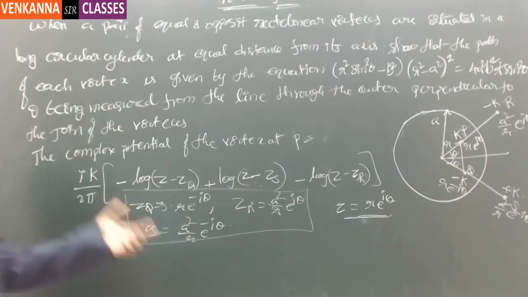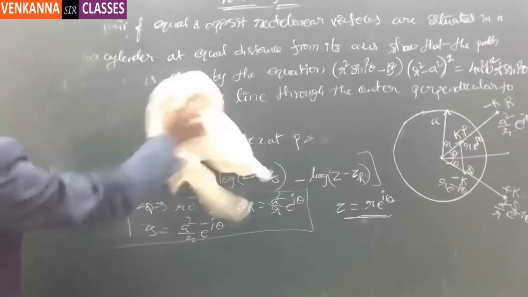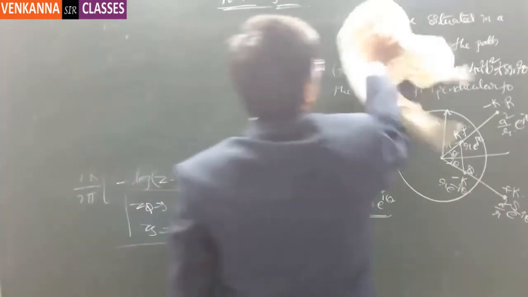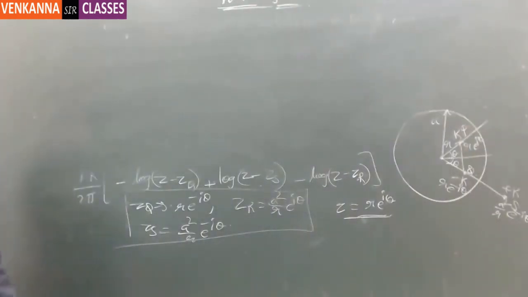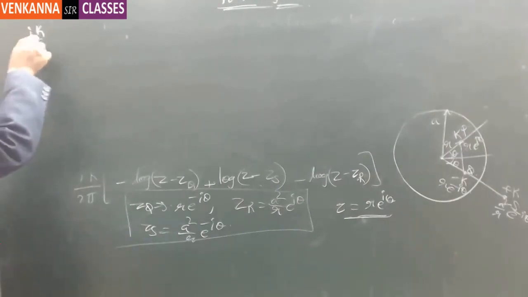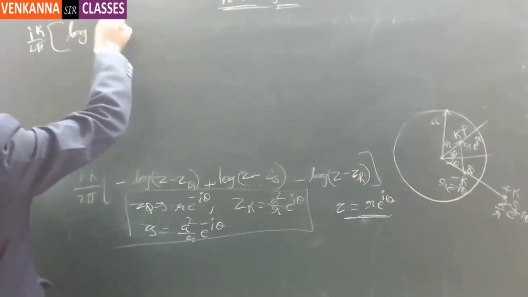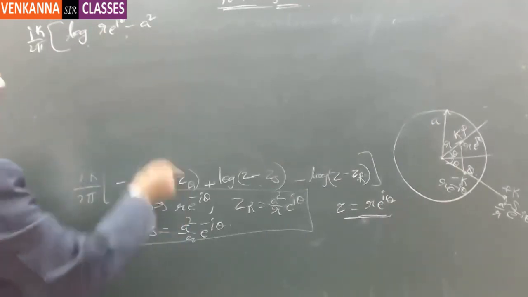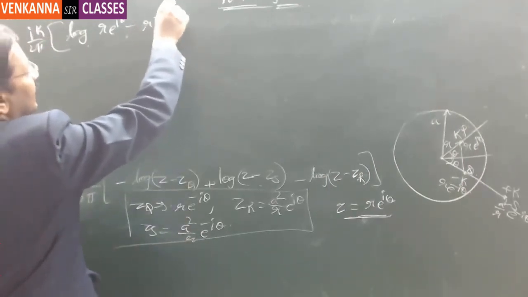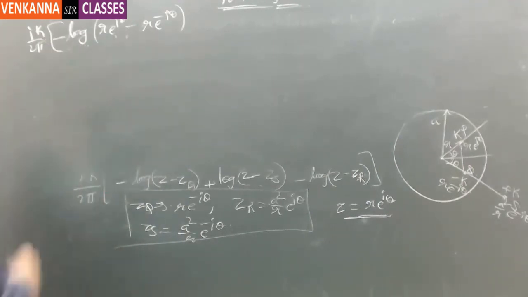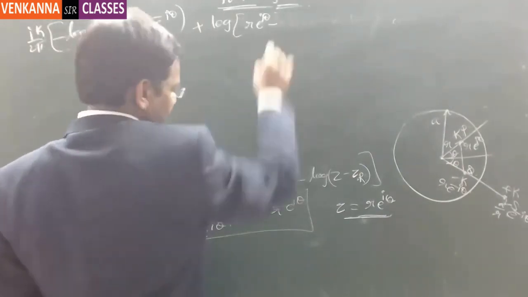So now we have to simplify this. Now this one, Ik by 2 pi times of, here I will replace log of r e power I theta minus r e power minus I theta, minus of plus log r e power I theta minus Zs.